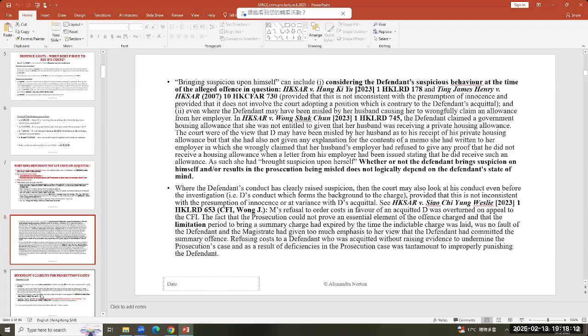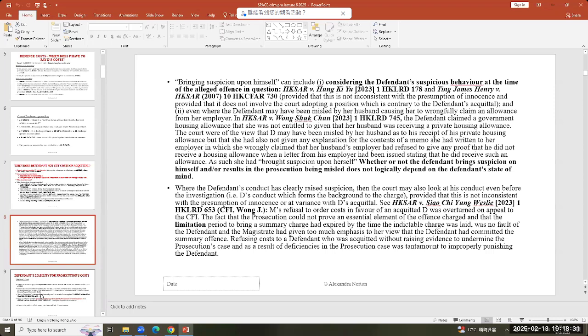And there was a possible summary offense, but the limitation period had expired. The magistrate, though, seemed to have formed the view that the defendant had committed the summary offense. But ultimately, of course, the defendant was acquitted because the prosecution couldn't meet their burden of proof.